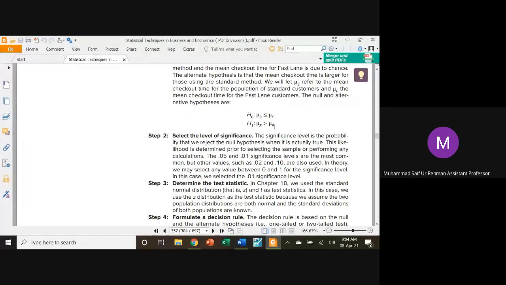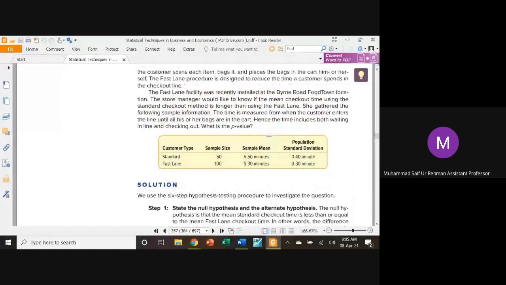So you may say that fast lane is better because that is taking less time when a regular customer enters the lane and until it puts all its luggage in the cart. So as mu f is less, it means less time is being consumed in fast lane as compared to standard lane. So your decision or conclusion will be that fast lane is better.